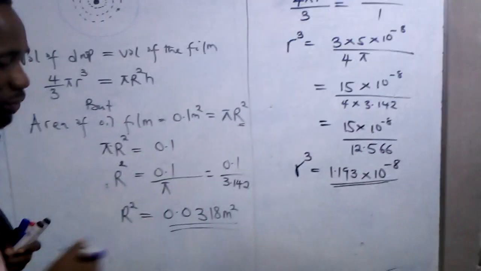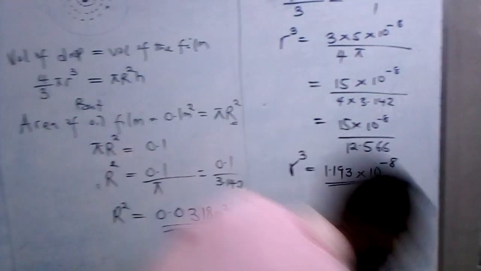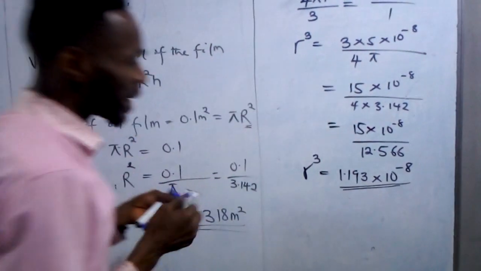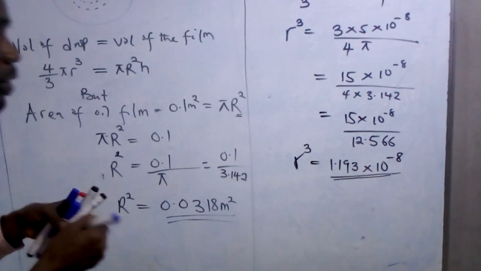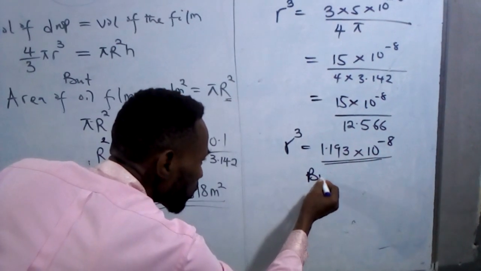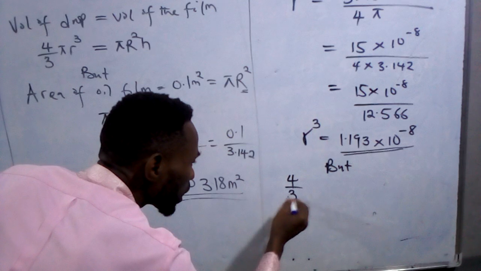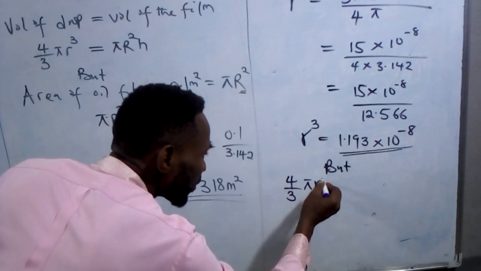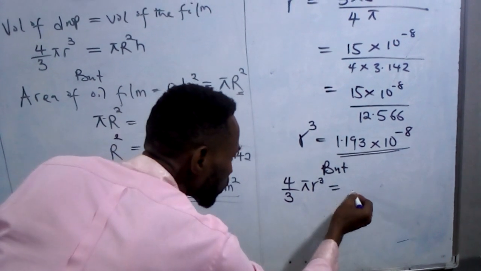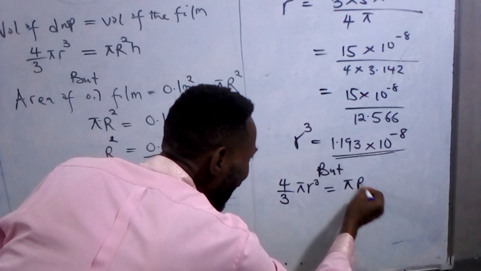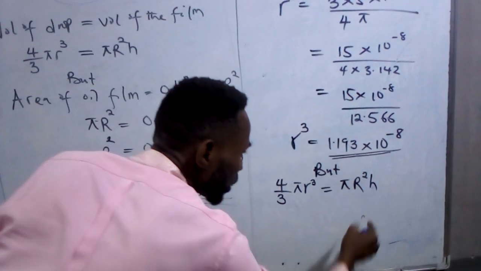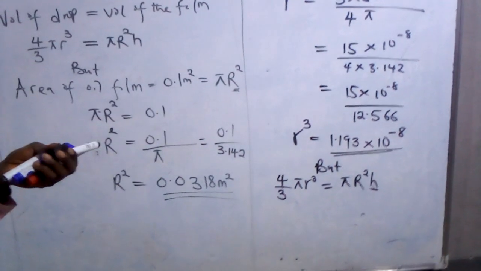But that is not the thickness of the oil. Now to get the thickness of the oil, we have that 4 over 3 pi r cubed is equal to pi r squared h. This is what we are looking for, the thickness of the oil film.